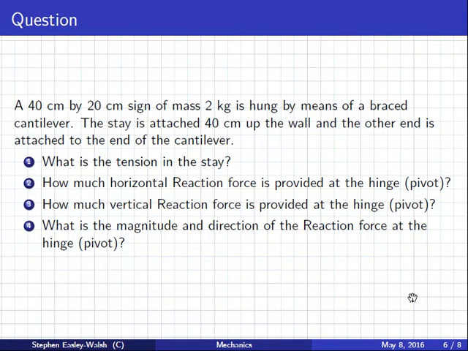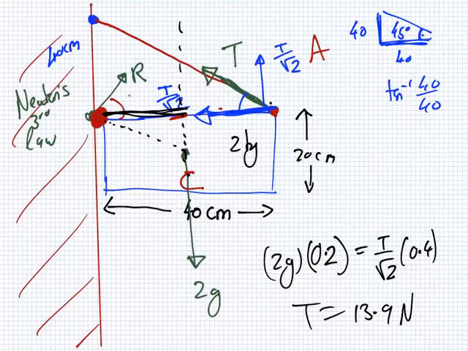B. What is the horizontal reaction force? So, at the wall. It says hinge. Hinge is a synonym for pivot, kind of.